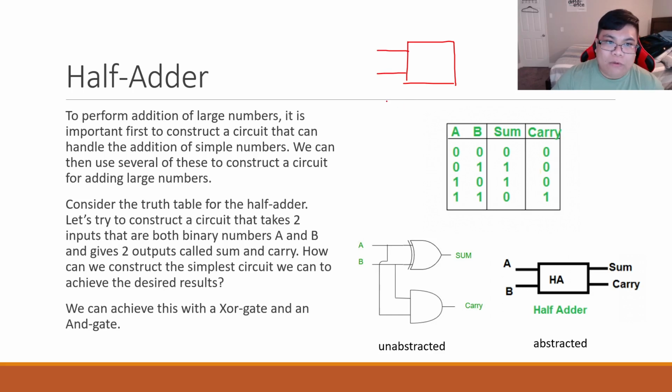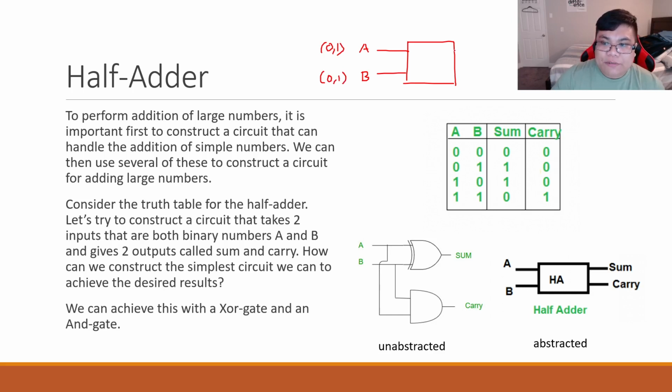As you remember, a wire can contain a charge represented by 1 or no charge represented by 0. So there are two inputs, one called A and one called B. Input A could have a value of 0 or 1, and input B can also have a 0 or 1. This is going to be our circuit.